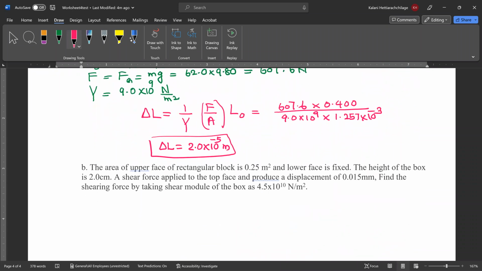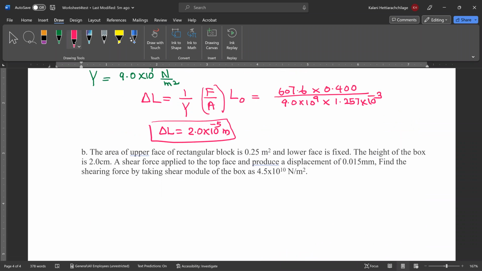And in addition to that, the shape of the object may have a different area expansion, right? If it is an area expansion, then you need to use the shear modulus, how the area changes. So that's question B I have in here. So now you have a rectangular block, right?